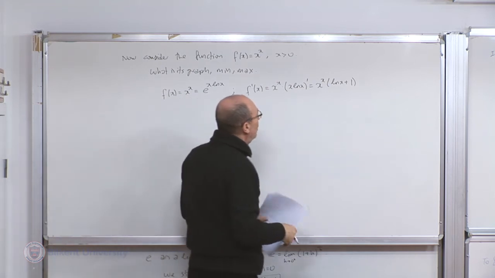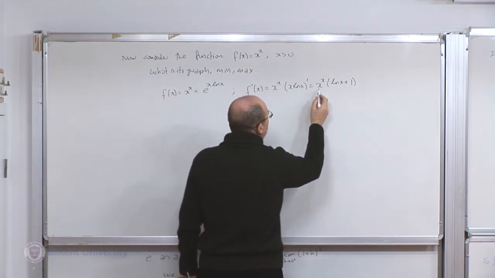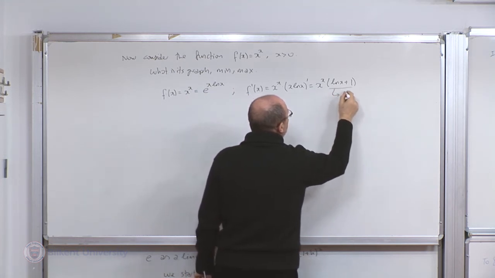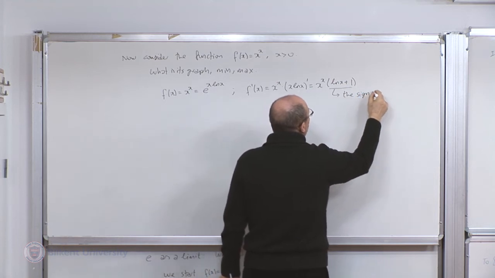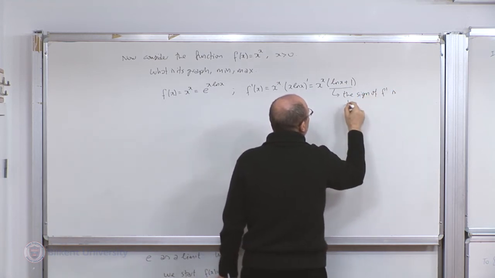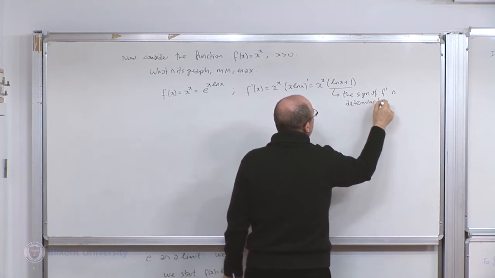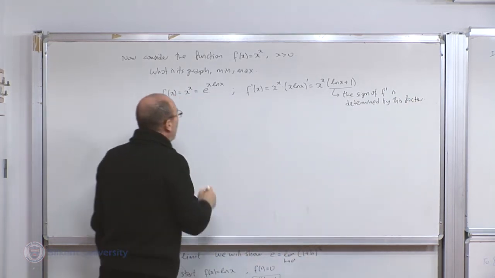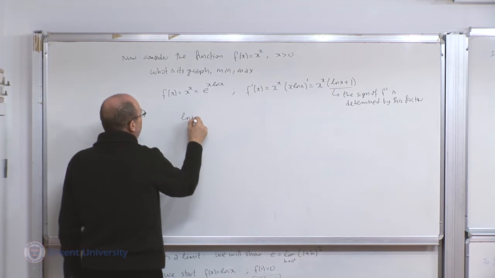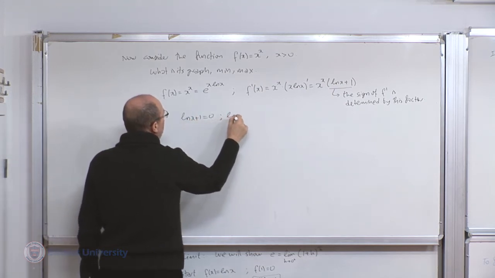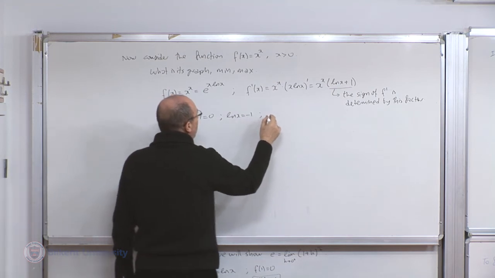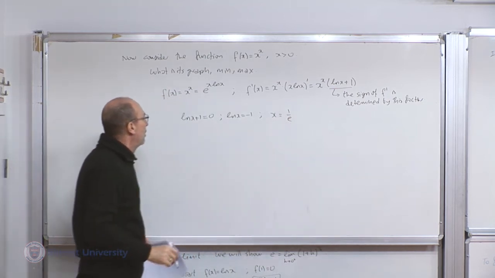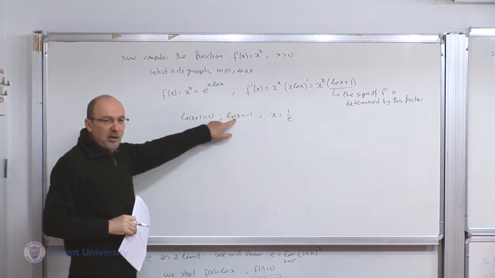So you see, this is always positive. So the sign will be determined by this. Okay, so the sign of f prime is determined by this factor. So first of all, when is ln x plus 1 equals 0? That is ln x equals minus 1. We take exponential of both sides. This is 1 over e. Okay. ln is an increasing function.